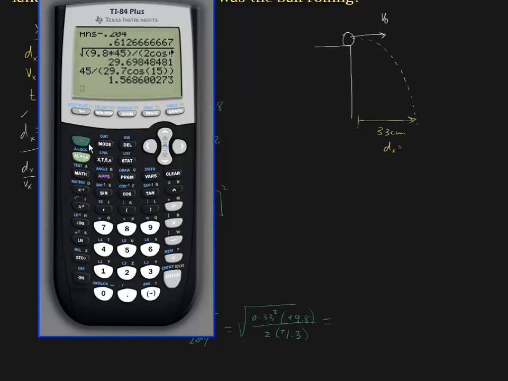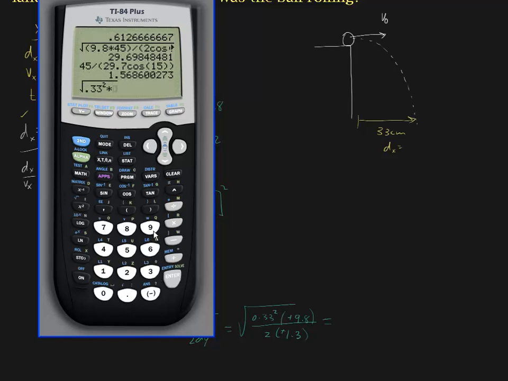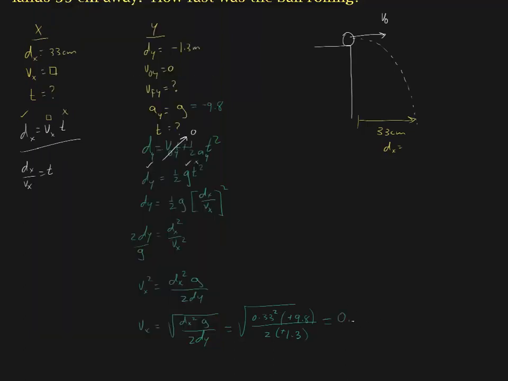We're going to have the square root of 0.33 squared times 9.8 divided by the quantity of 2 times 1.3. And the initial velocity was 0.64 meters per second.